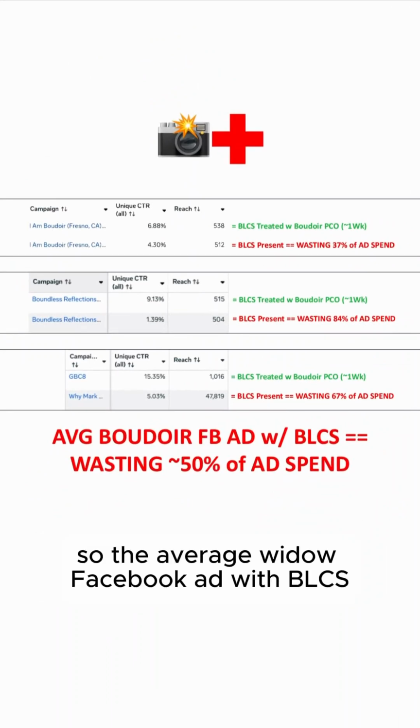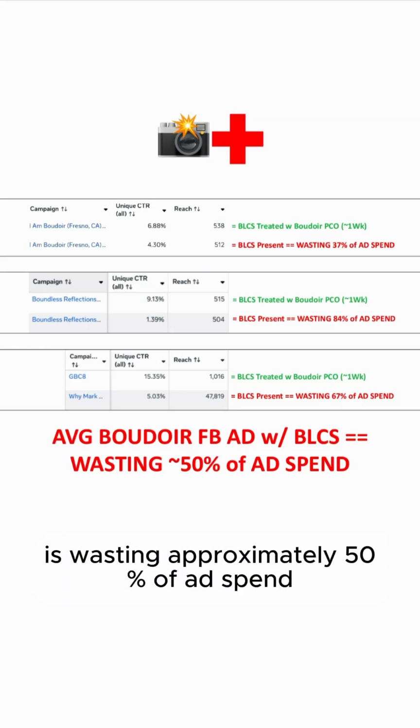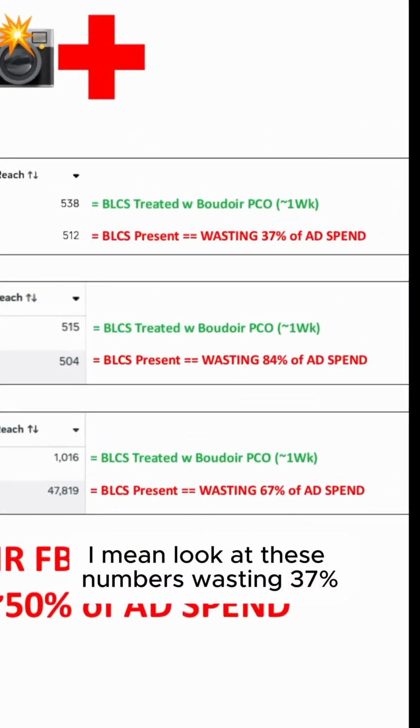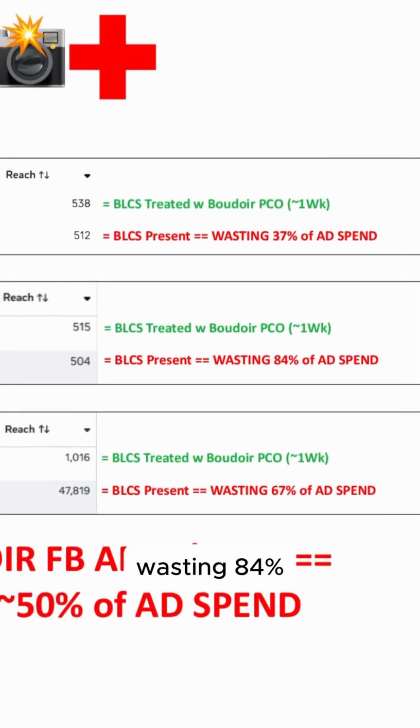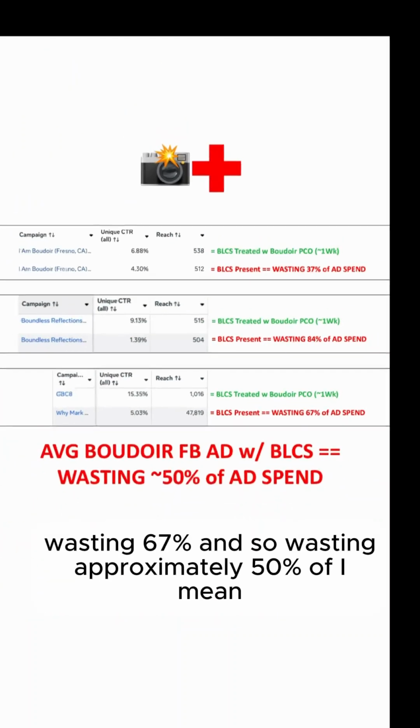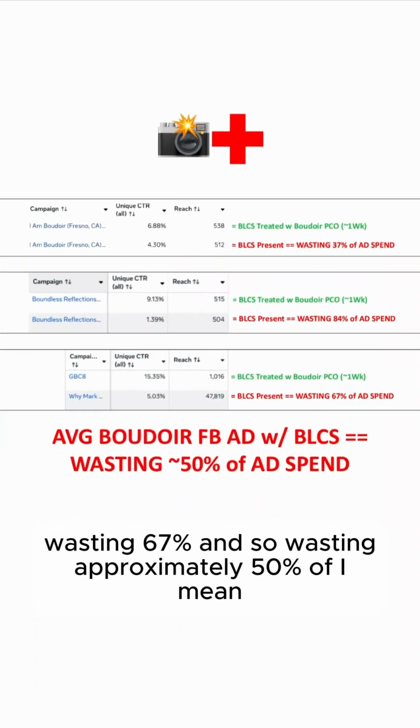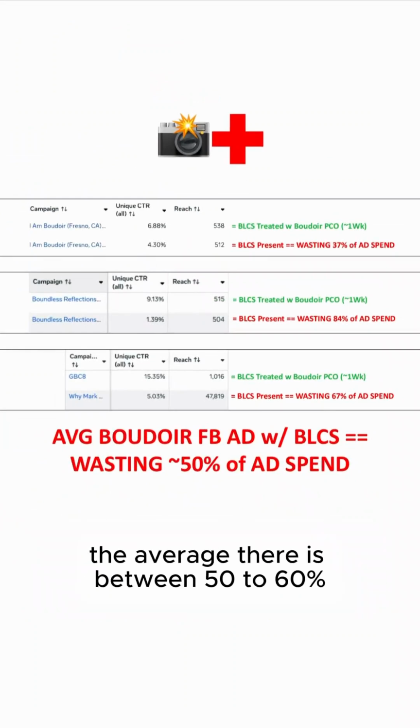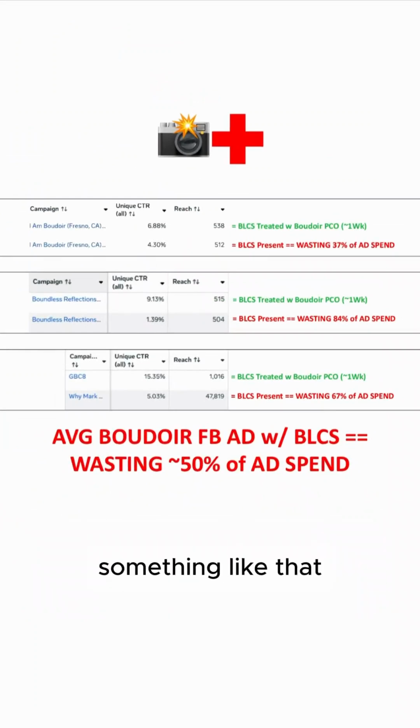So the average Boudoir Facebook ad with BLCS is wasting approximately 50% of ad spend. I mean, look at these numbers: wasting 37%, wasting 84%, wasting 67%. So wasting approximately 50% of it. I mean, the average there is between 50 to 60%, something like that.